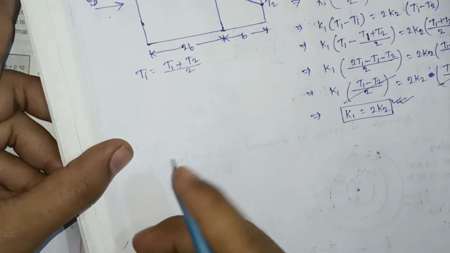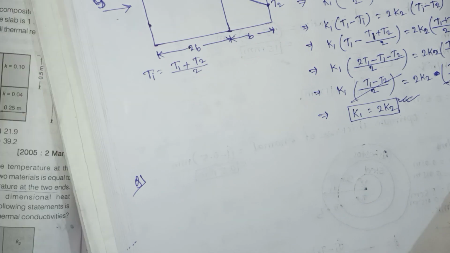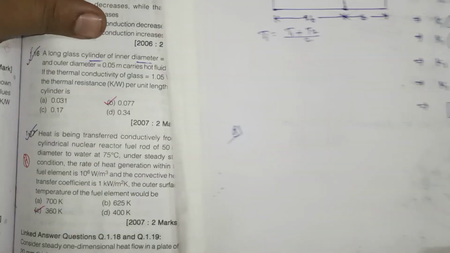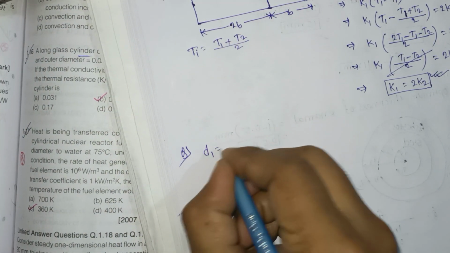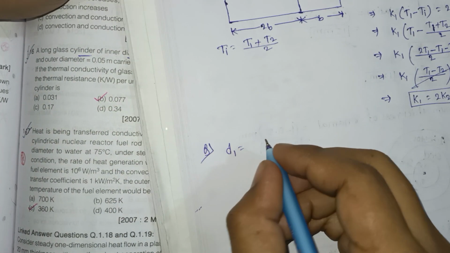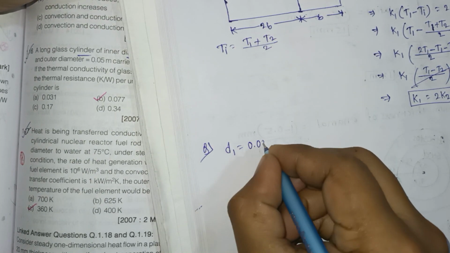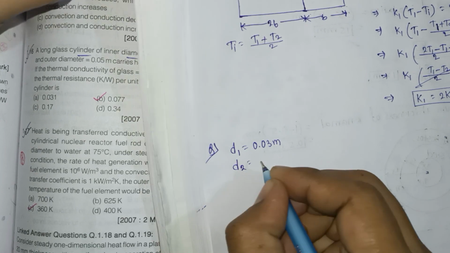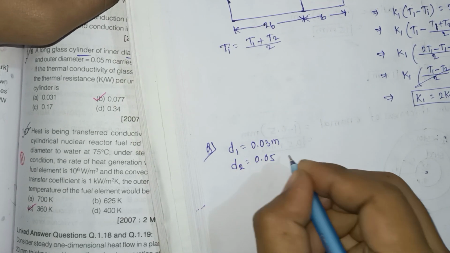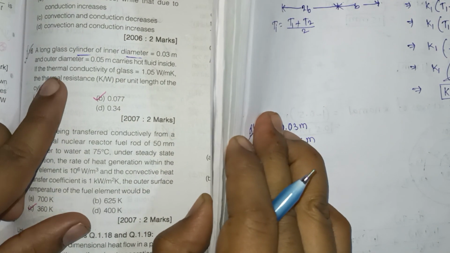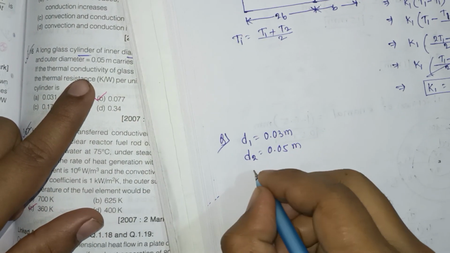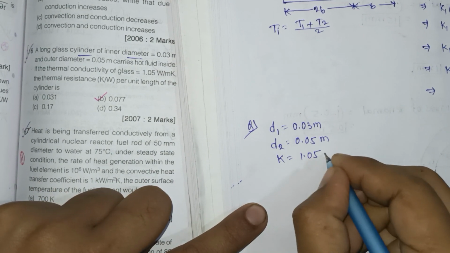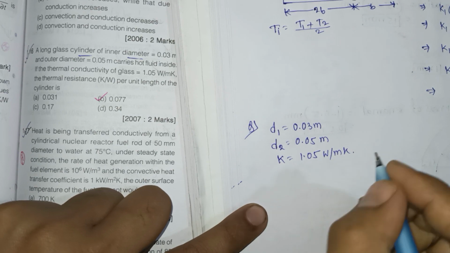A long cylinder of inner diameter, suppose D1, equal to 0.03 meter, and outer diameter 0.05 meter. The thermal conductivity of glass is 1.05 watt per meter Kelvin.